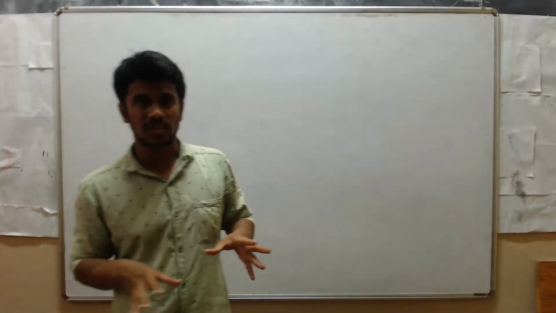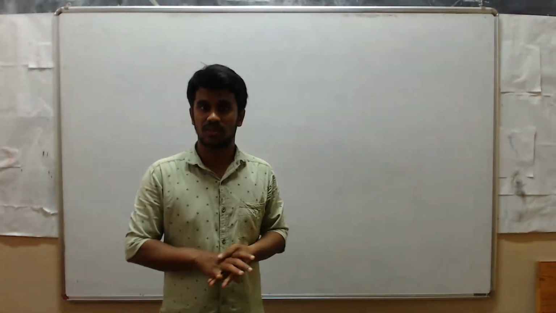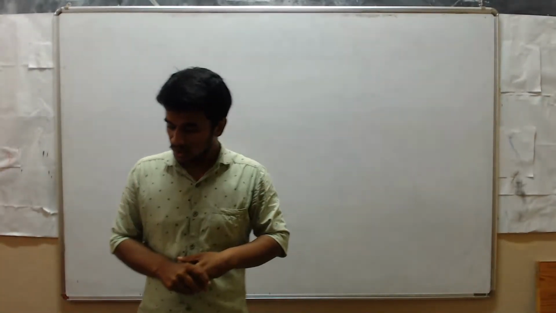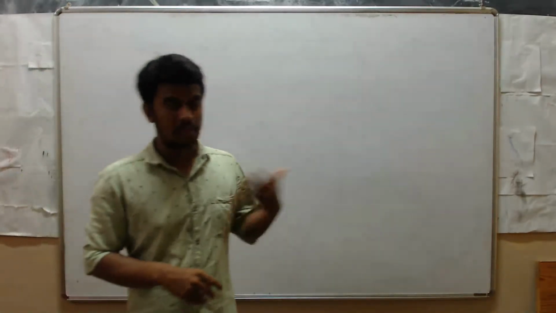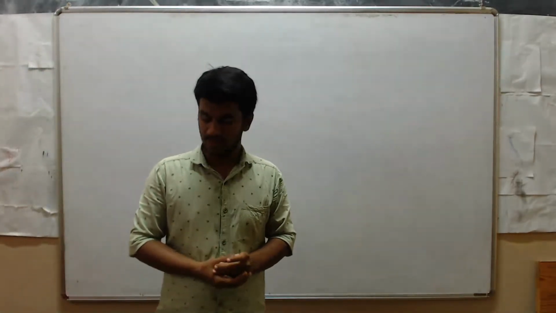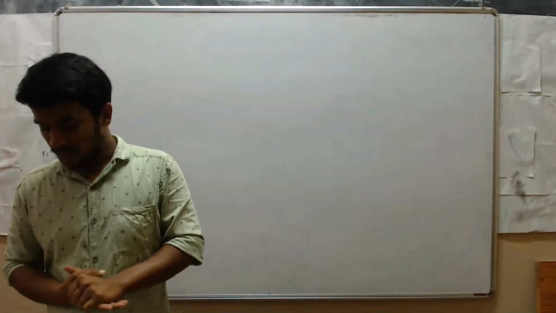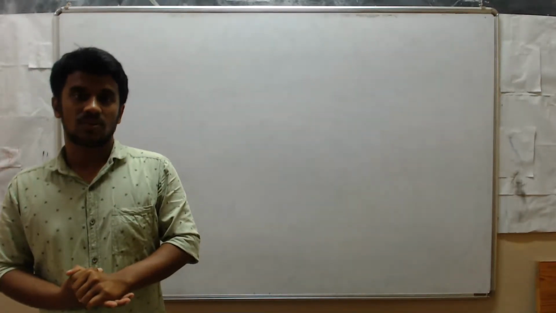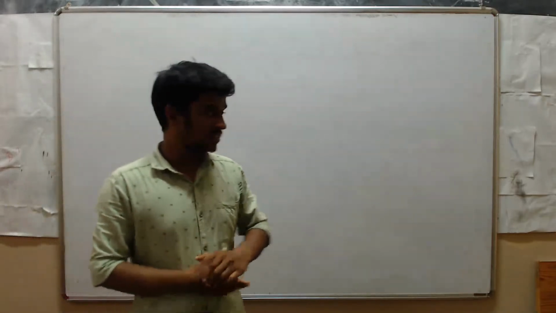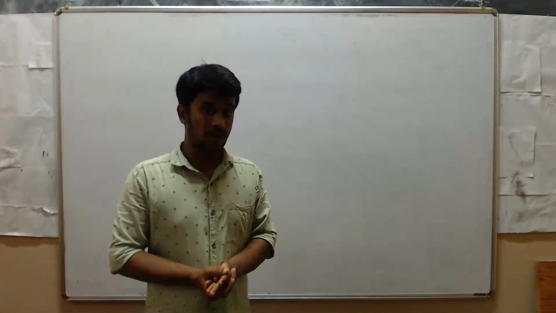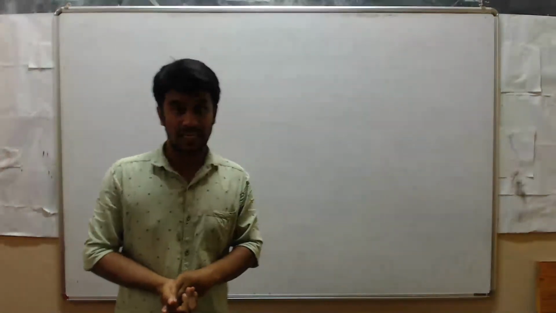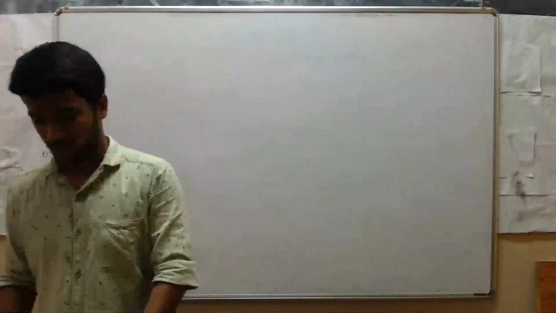I think you have seen some people face this kind of defect. These defects we call myopia or nearsightedness, hypermetropia or far-sightedness, and presbyopia.